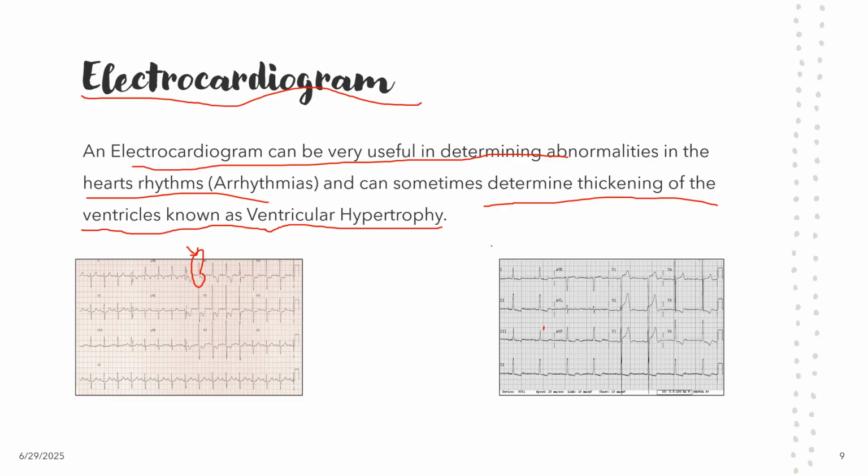And for left ventricular hypertrophy, let's say in leads V5 and V6, this should be greater than 35 millimeters, and this voltage right here. One small box is 1 millimeter.